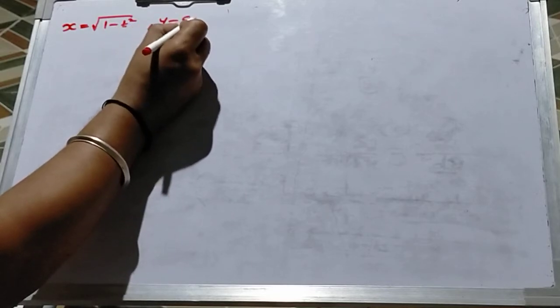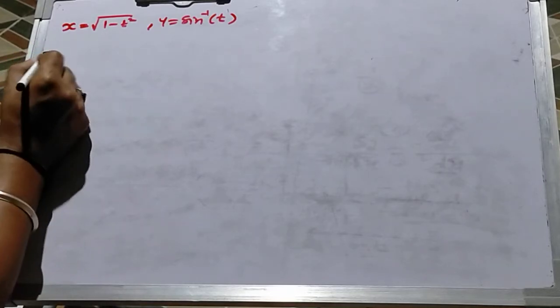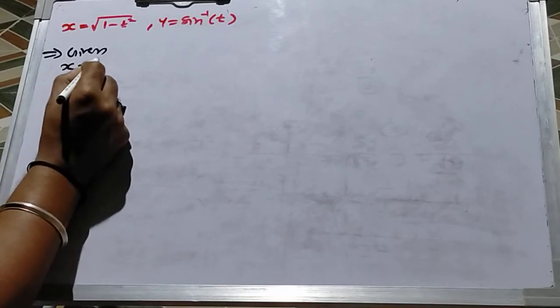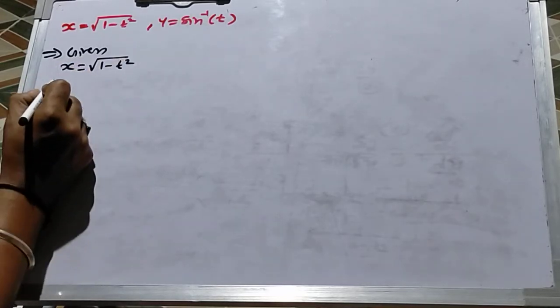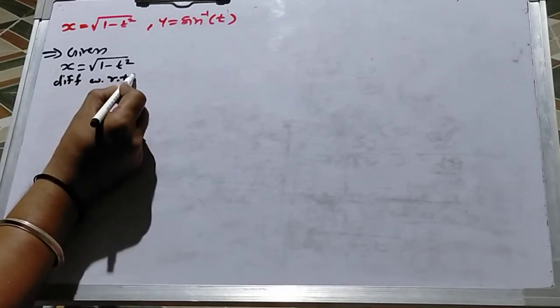Now next example is x is equal to root of 1 minus t square and y is equal to sine inverse of t. So here, given x is equal to root of 1 minus t square, we differentiate with respect to t.